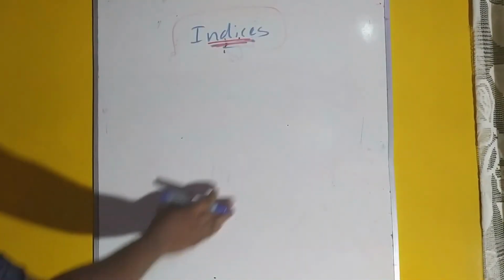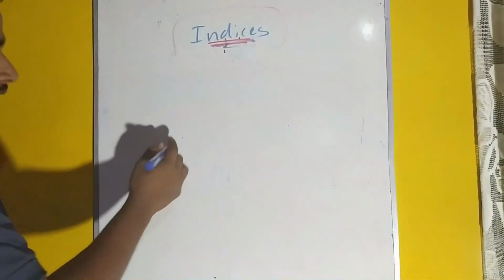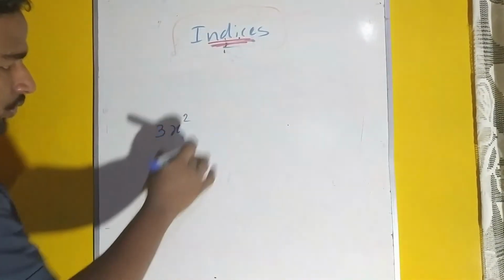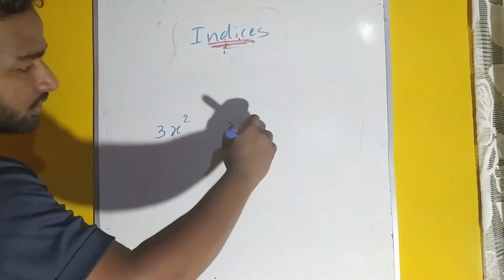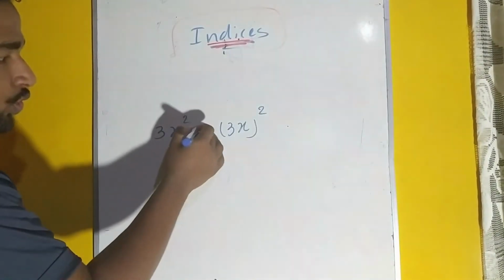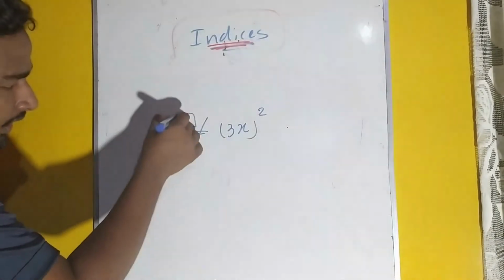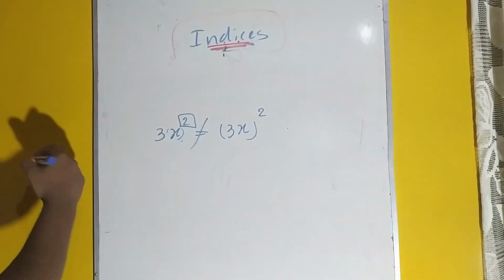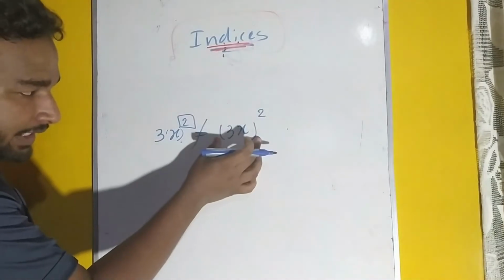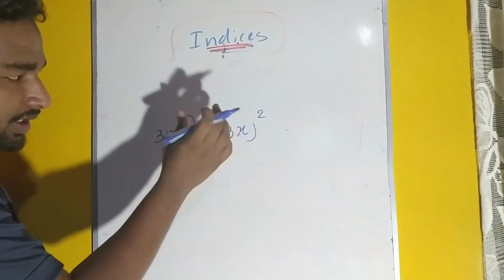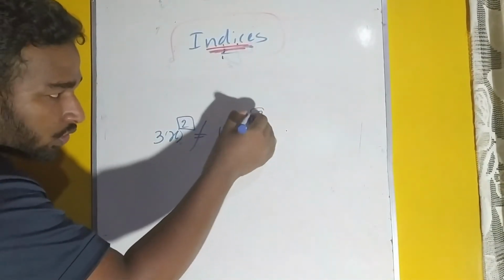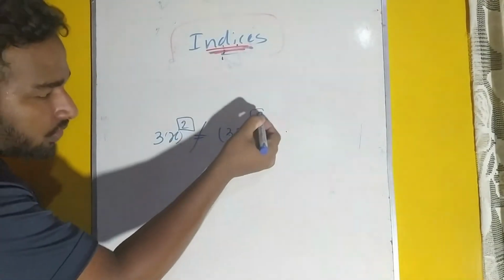Okay, let's see another type of question here. 3x to the power 2 and 3x whole to the power 2. These two are not equal. You see, this 2 is only for this x. But if it is given in a bracket like this, the meaning is this 2 is for 3 and this 2 is for x.